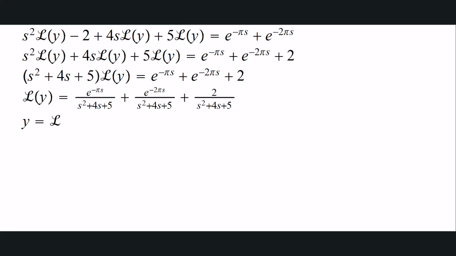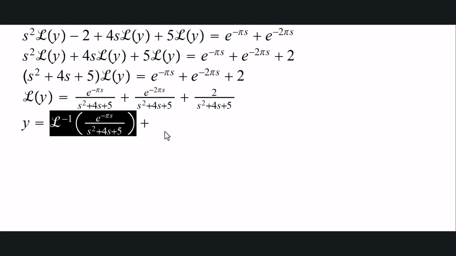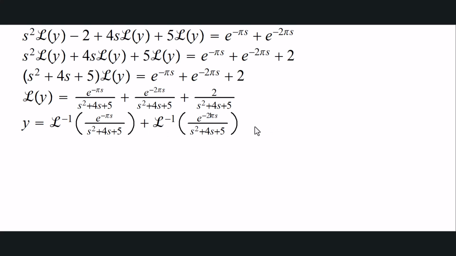So you will have the Laplace inverse of this, and then plus the Laplace inverse of, here this changes to negative 2 pi, and here all that we have is 2. So we are going to calculate all these inverse Laplace transforms, and what I will do is just look at the table that we are provided with.